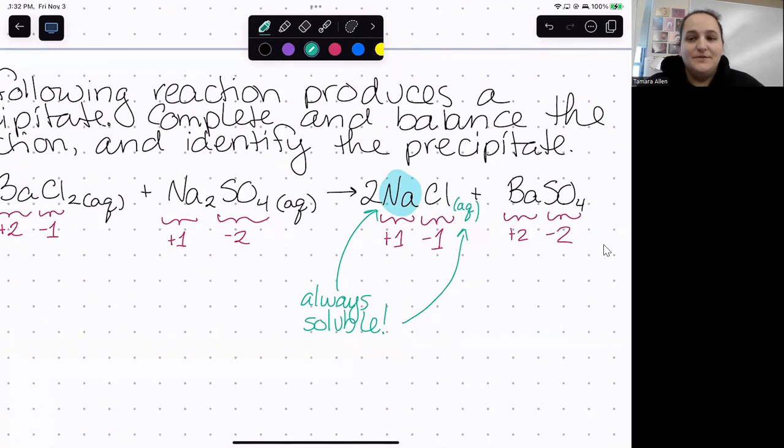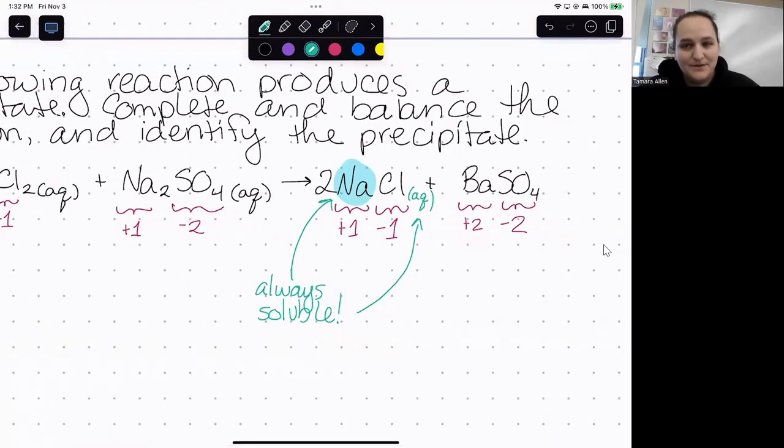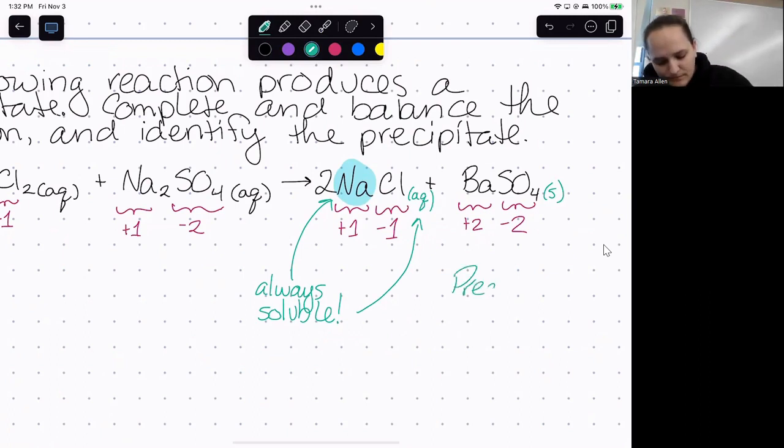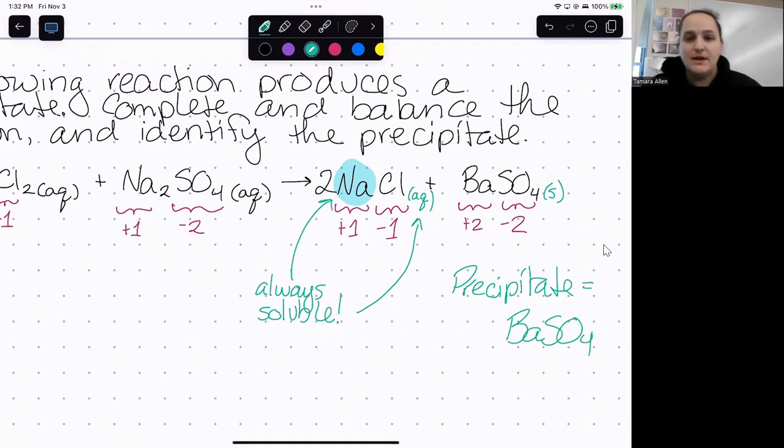We were told that this reaction produces a precipitate. By process of elimination, if our precipitate is not the sodium chloride, it must be the barium sulfate. So the barium sulfate must be insoluble, meaning it is going to form a solid here. So we can label those states of matter. And our precipitate is that barium sulfate, BaSO4.